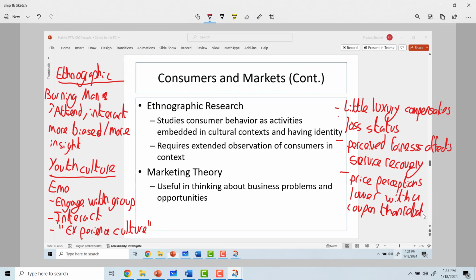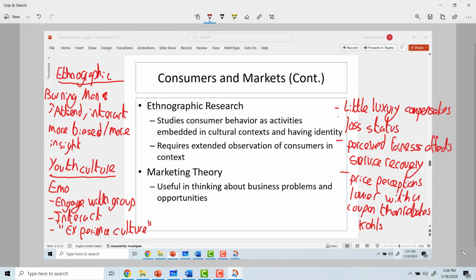So if you offer a $10 off coupon, or you have people buy and then try to get a $10 rebate later, people would perceive the price with the coupon as lower. And a lot of retailers, for example, I was in Wisconsin recently, Kohl's works very much on that kind of couponing strategy to get people to buy the products.